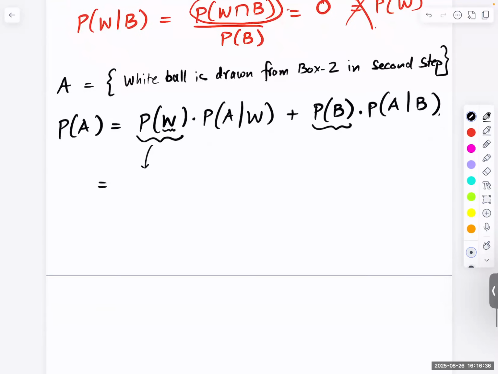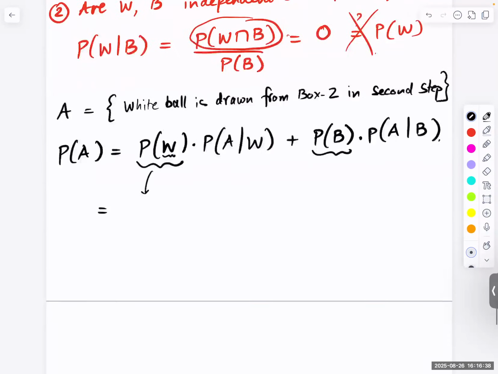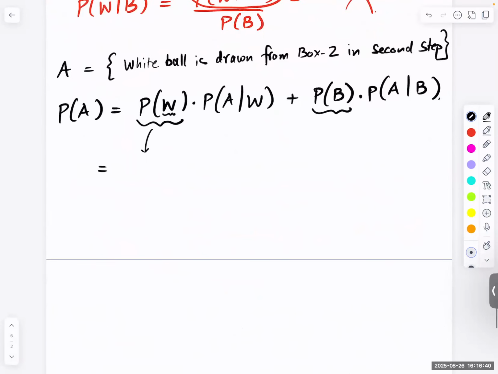P of W is alpha by alpha plus beta, and P of B is beta by alpha plus beta.